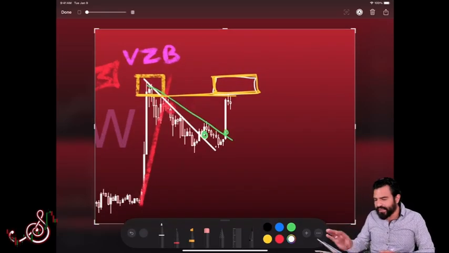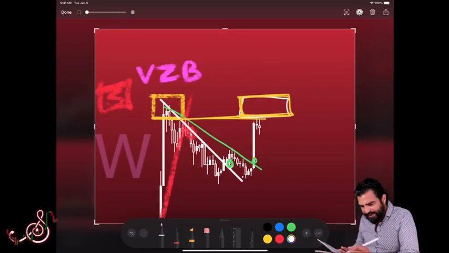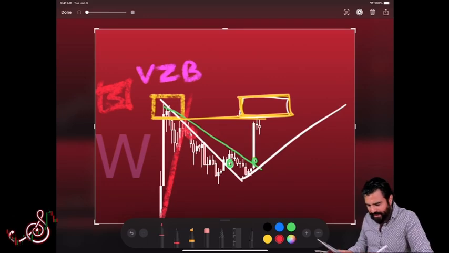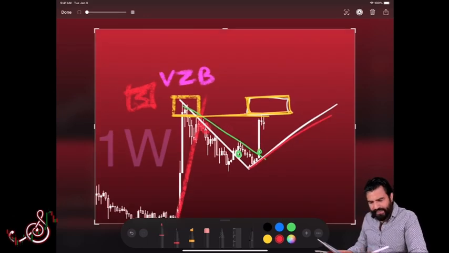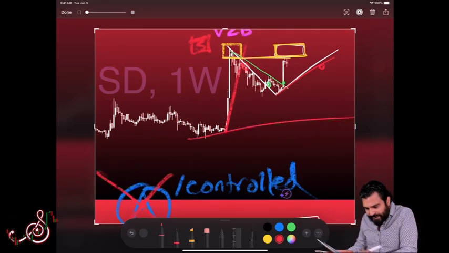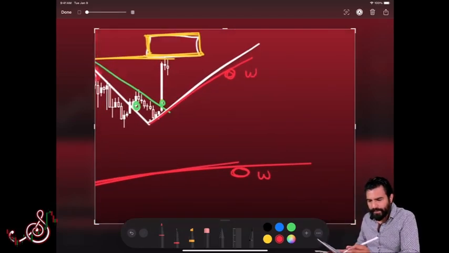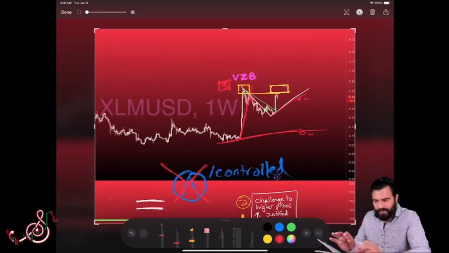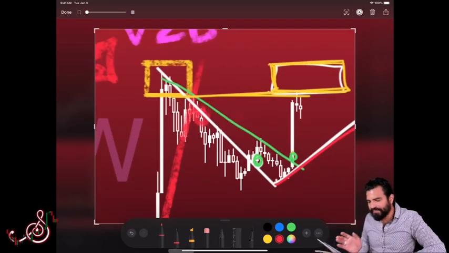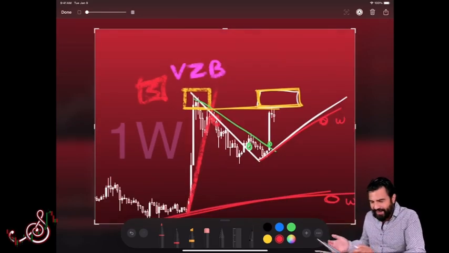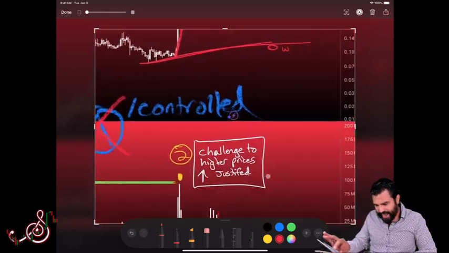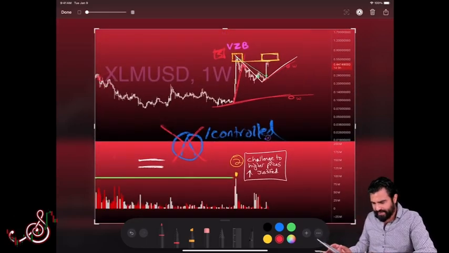Now let's read the relationship between this area and here. Now we don't have where the real weakness is, based on this foundational area here. So this is going to be the stronger weakness. And we're not there. All we have is this sharp move up. It's all the best we got. But as it is, we have something to start with.